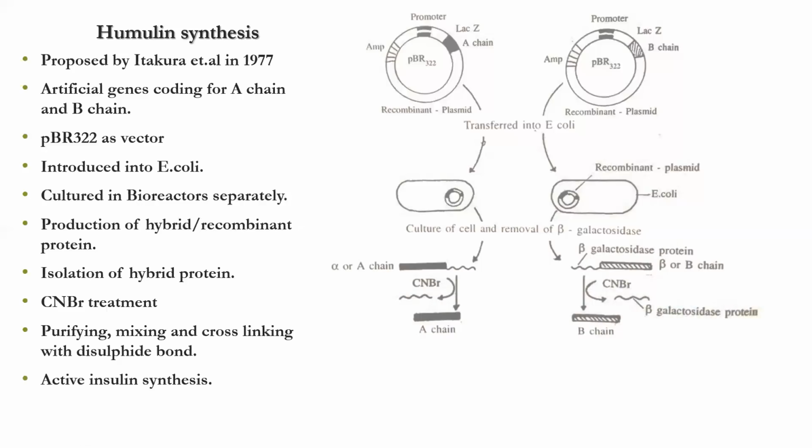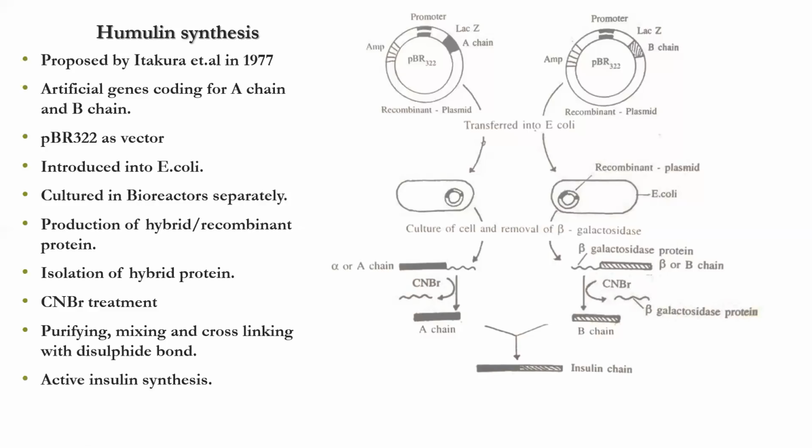Now we want the active insulin. The active insulin is made up of the A chain as well as the B chain. So we need to link these two polypeptide chains. When the A chain is linked to the B chain, it results in the formation of an insulin chain. But just remember, this is not the active insulin. The structure of active insulin I already told in the previous slide.